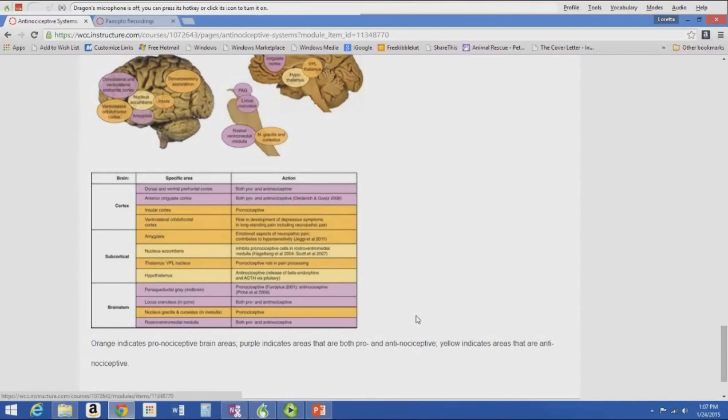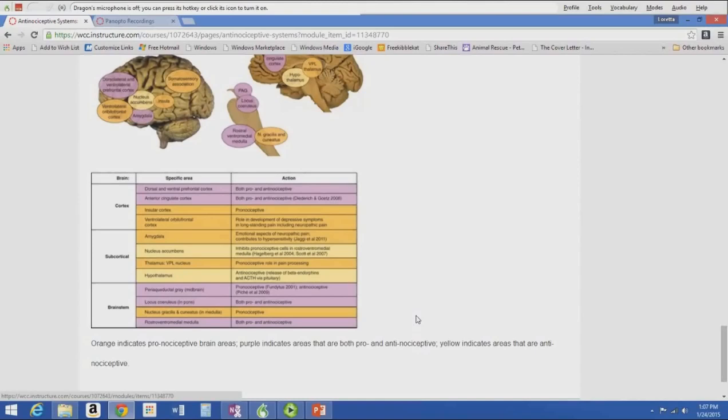When you just look at that first section of the cerebral cortex, there are some areas that can do both, like the dorsal and ventral prefrontal cortex. That can either make our pain worse or make our pain better. And the anterior cingulate cortex can make our pain worse or make our pain better.